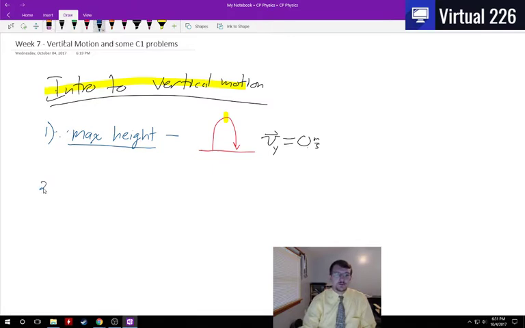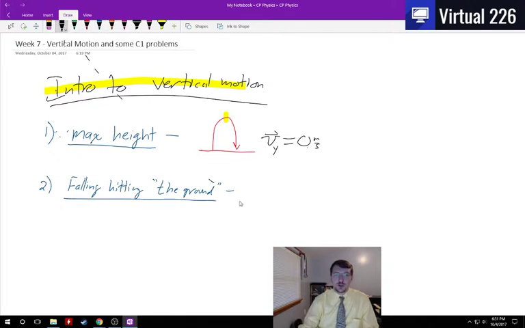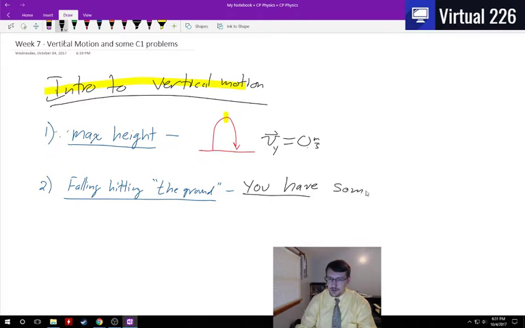Second thing you need to know is that when you are falling and you're hitting, I'll put this in quotes, the ground, okay? When you're falling and hitting the ground, you have some velocity, okay?